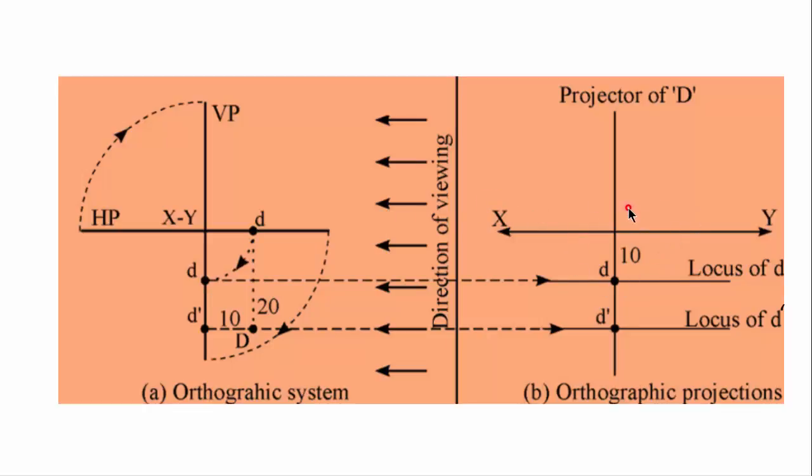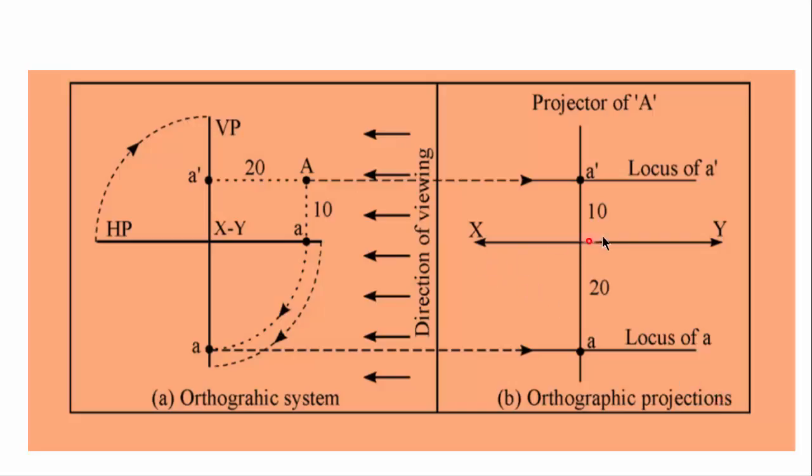On our drawing paper, we will show plan and elevation at these locations, that is plan is 10 mm below XY line and elevation is 20 mm below XY line. Thus, on the left side, what we can see is the orthographic system of planes, while on the right-hand side, we can see the orthographic projections of a point.